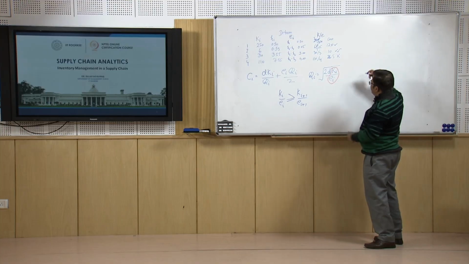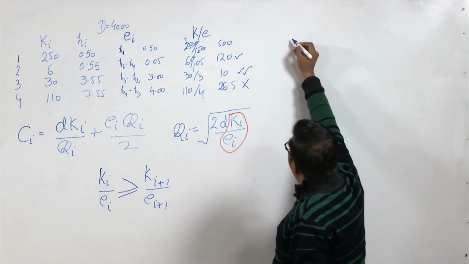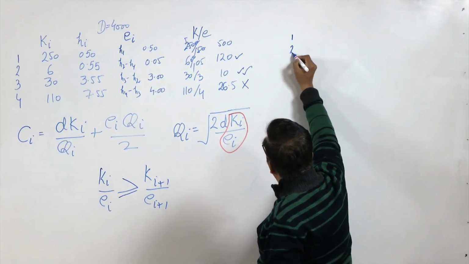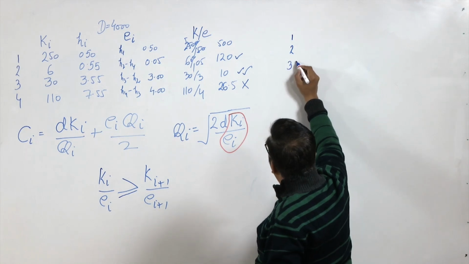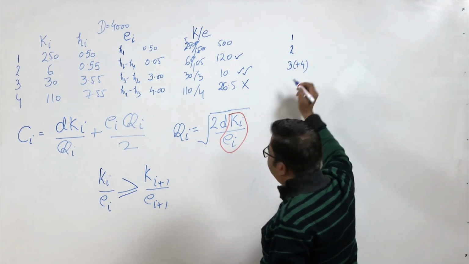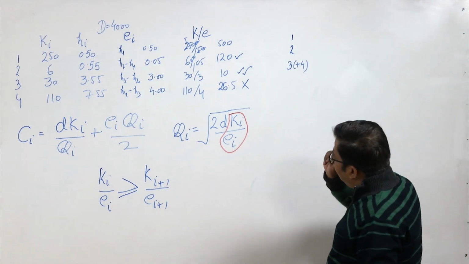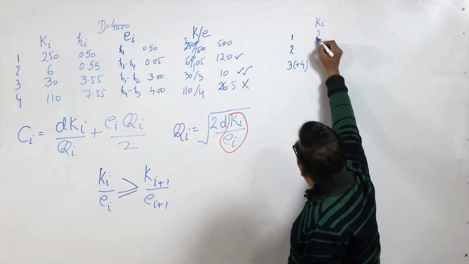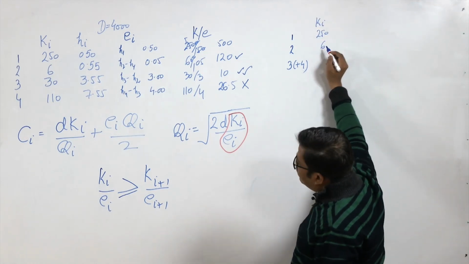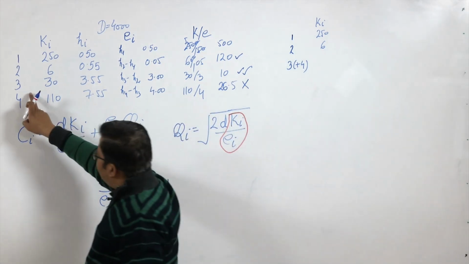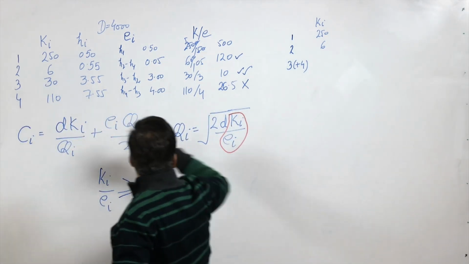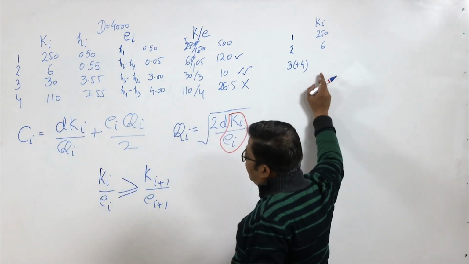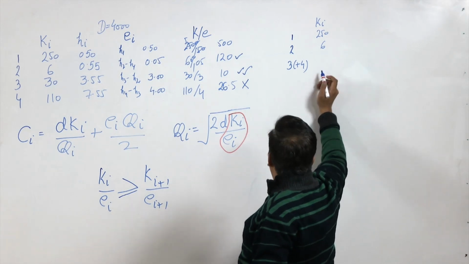So when we merge these, you have stage 1, 2, and with this you have also merged stage 4. So you have new values of Ki. Ki will be 250, 6, and now we have merged stages 3 and 4, so this Ki will be 30 plus 110, that is 140.